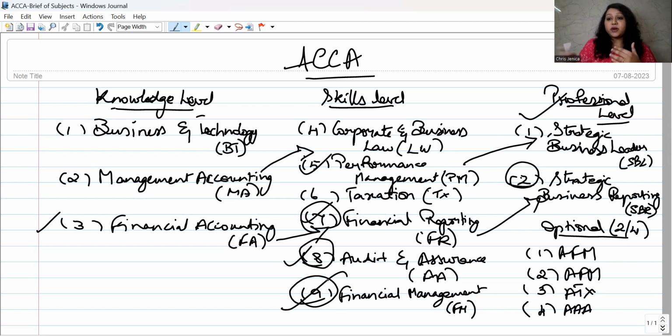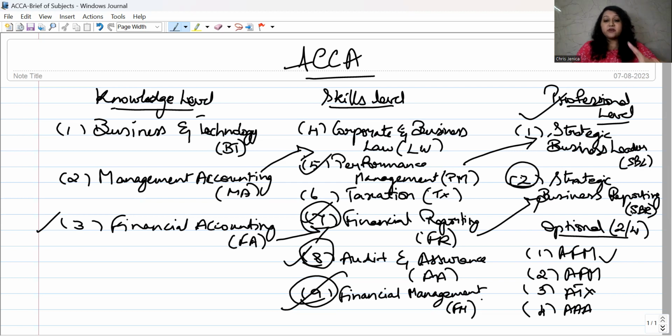If your company is going to issue dividends, then what are the policies or decisions you will make based on the dividend issue? So these are the things you will learn in financial management. It would be easier for you to go with this pattern, like after PM, you can go for FM as well. That is financial management. Now, financial management also has one optional paper at your professional level, that is your AFM, Advanced Financial Management.